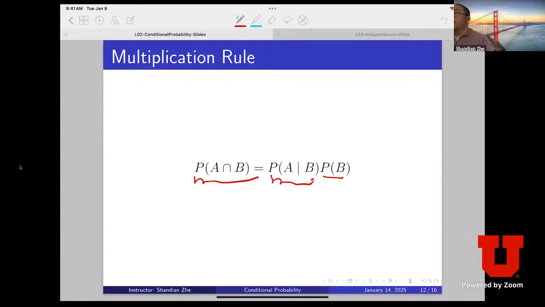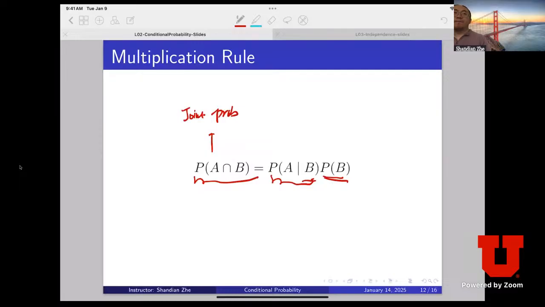The probability of A intersection with B, in many literature, is called a joint probability, so this means A and B happen jointly.